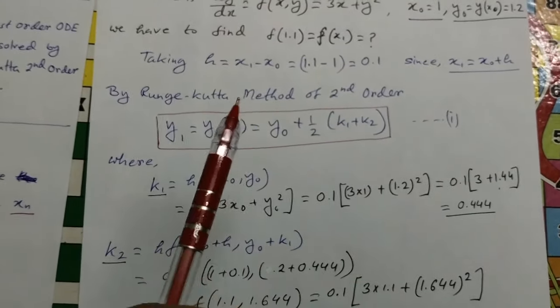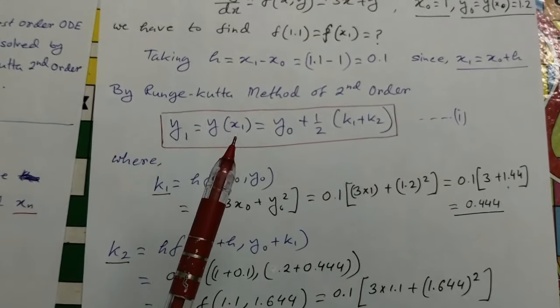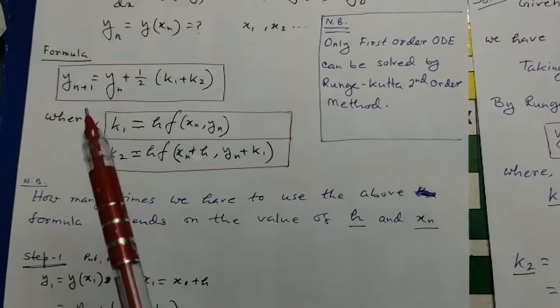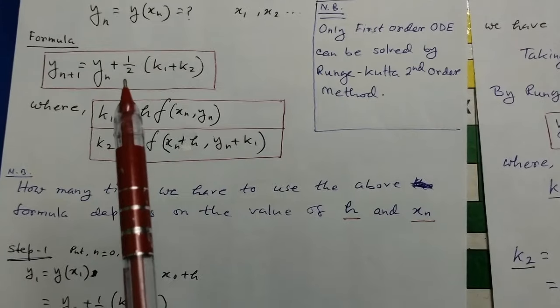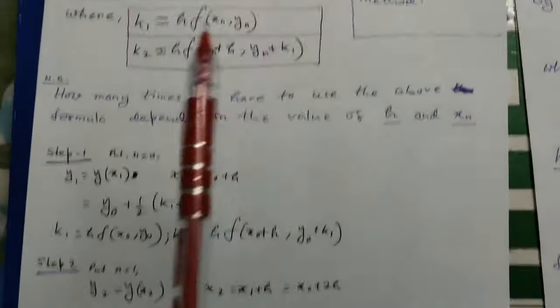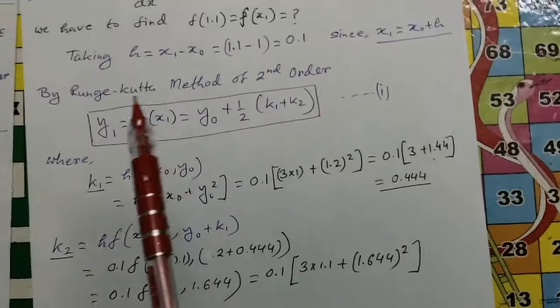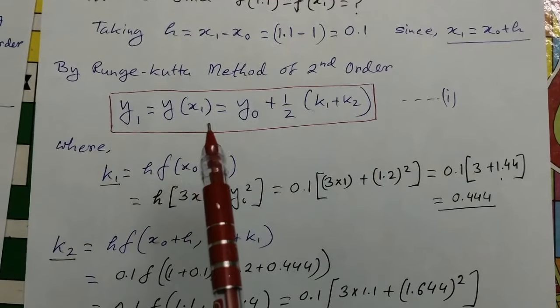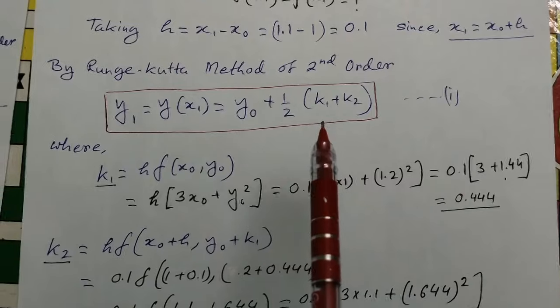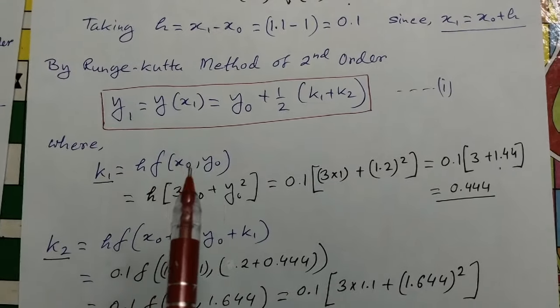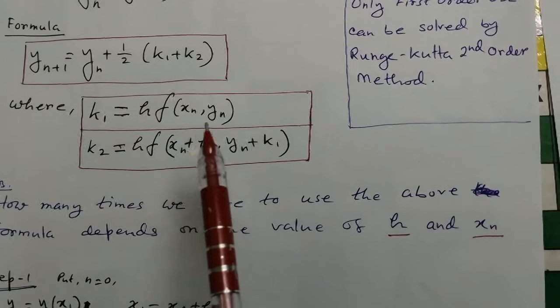By the Runge-Kutta method of second order, put n equals 0. So y1 equals yn plus half of (k1 plus k2). Here y1 equals y(x1) equals y0 plus half of (k1 plus k2). This is equation 1, where k1 equals h f(x0,y0), as in the formula with xn, yn.